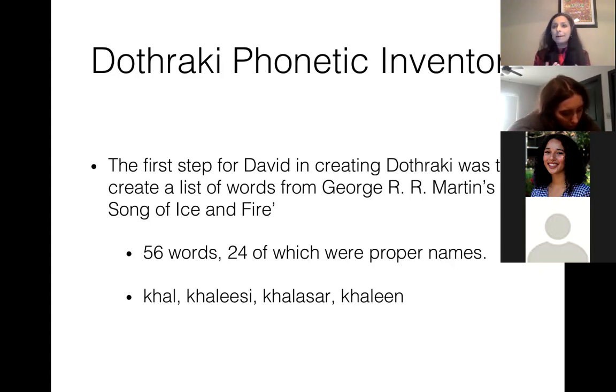It is different from a regular k, the regular velar plosive, but this is more of an aspirated variety. How you have aspirated sounds at the beginning of English words, like p, t, k, all these three sounds can be aspirated. When you say pat, you say it with that aspirated sound. It's very similar to that. Khal, Khalisi, Khalasar, and Khalin. So this is really what he started with.